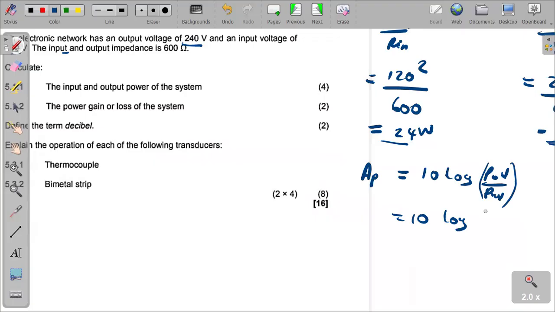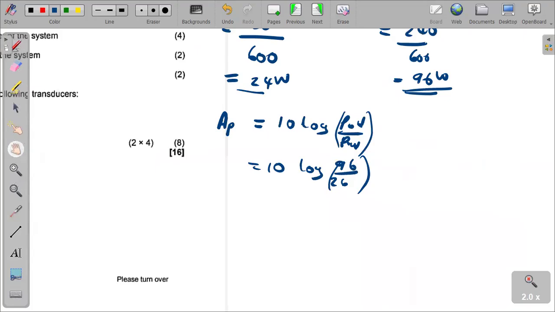That's 96. Divided by what is our P in? That's 24. Remember, our gain or loss is the ratio between the output and the input, so of course, it has to be measured in decibels. That's why we are using the logarithms there. If we punch that on the calculator, it's going to give us 6.021 decibels.